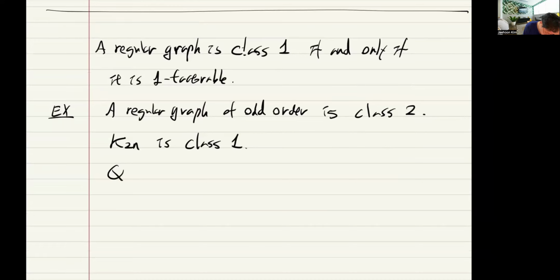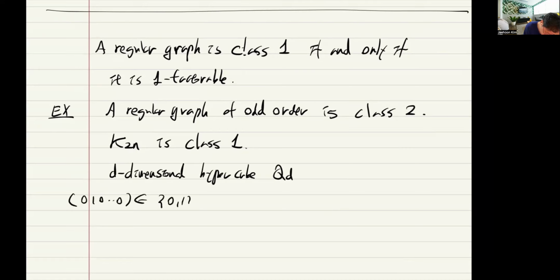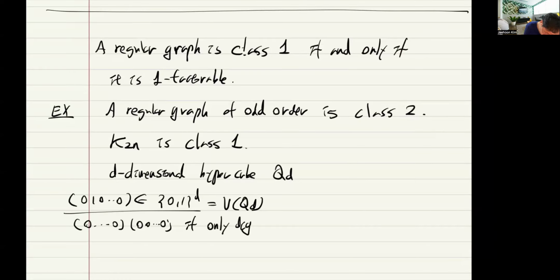And say the d-dimensional hypercube, Q_d, where you take 0-1 sequences. This is your vertex set, and two sequences are adjacent if only one bit is different.